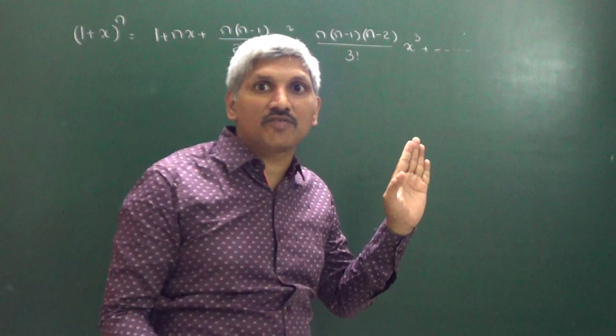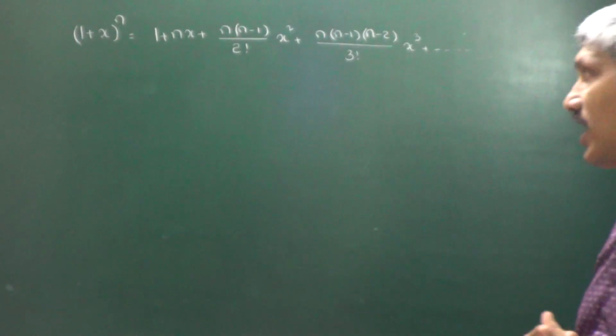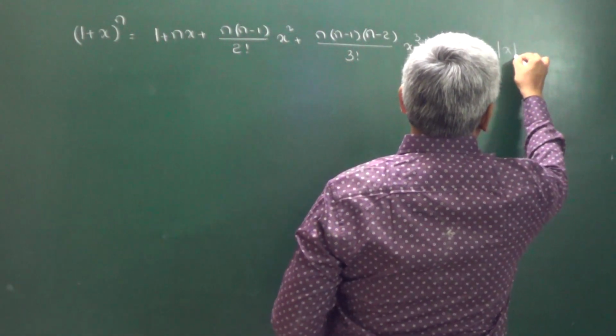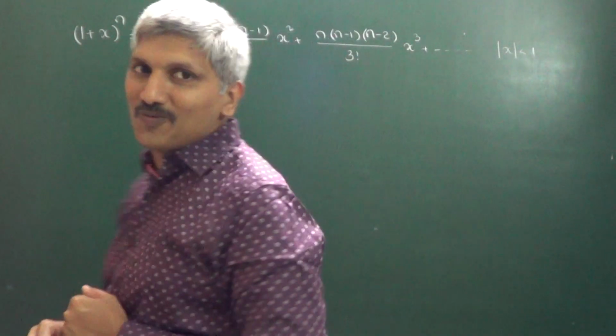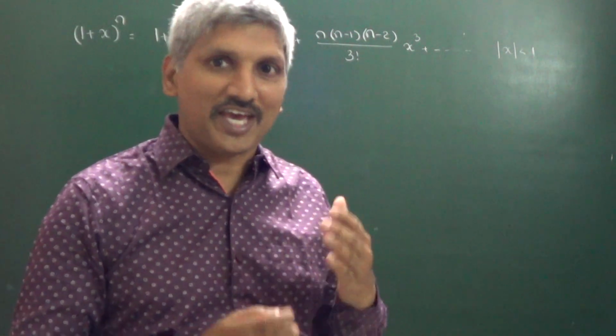This summation will go up to infinite terms. This expansion is valid only when |x| < 1. So that is the expansion of (1 + x)^n.